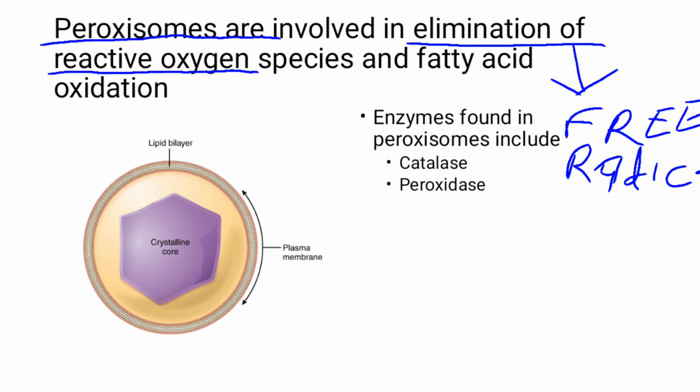So free radicals. In this case, specifically free radicals of oxygen, right? They're what we call reactive oxygen species. An example is an O2 molecule with an additional electron, so it will be O2 negative. Or an oxygen that is not bound to another oxygen. And so it's walking around with this electron that is unbound, and it is looking for any other molecule to bind to that electron.